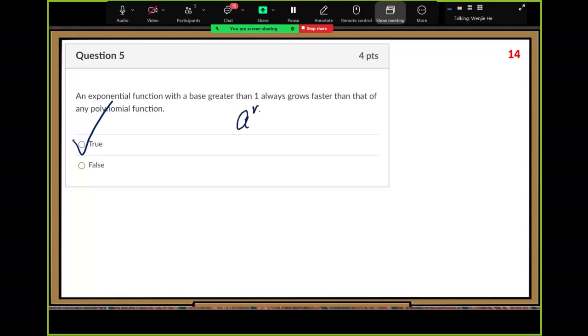So a to the n, with a greater than 1, grows faster than a polynomial p of x. And we proved it in class using L'Hopital's rule.